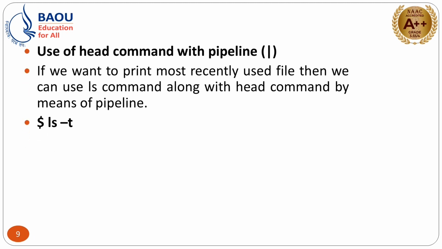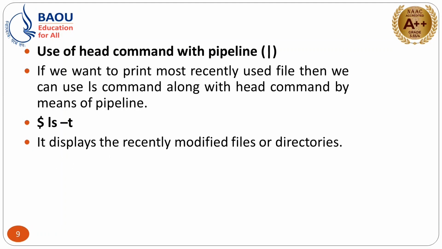Here multiple examples are given. Say for example you want to display a list of all the files according to their modification date and time. In that case you use the ls command with the t option. Now suppose there are multiple files in your current directory, but you would like to list only the first 2 or 3 files, the latest files, whose modification time is current.